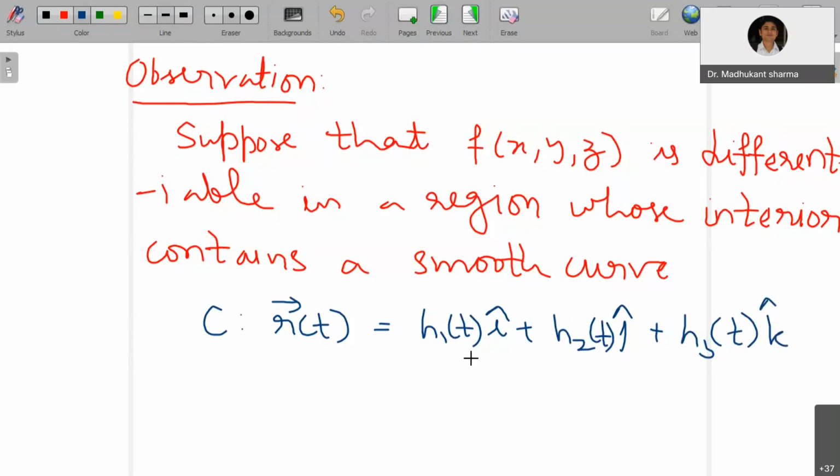Okay, C is a smooth curve, means it's a differentiable curve, means you can differentiate and find the velocity vector. Whose interior contains a smooth curve. Yes.